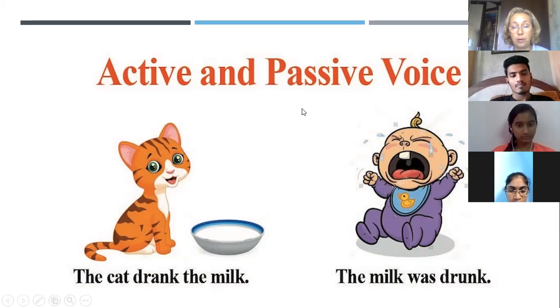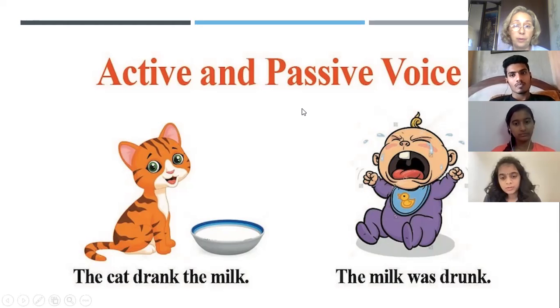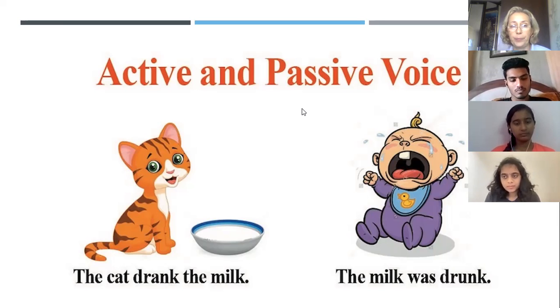So the difference in the use of active voice and passive voice, here there is a couple of examples. The cat drank the milk. The cat is the subject of the sentence, and the cat did it itself. Yes, this is active voice.